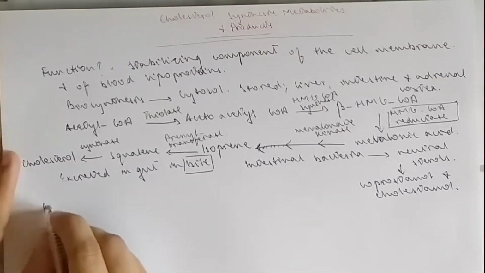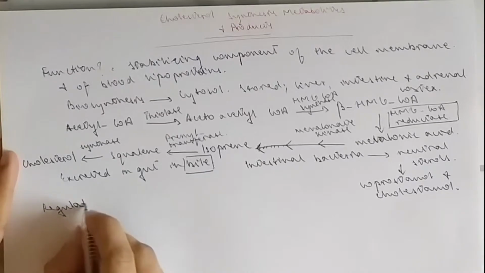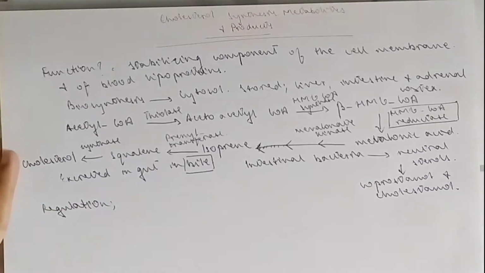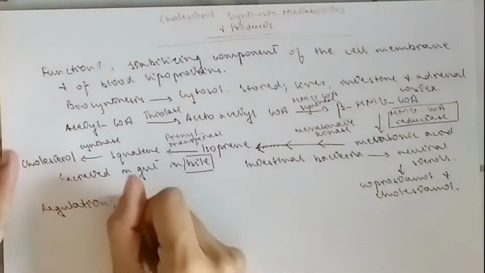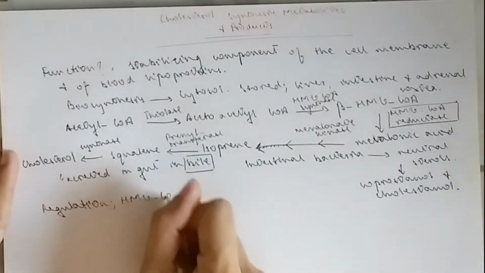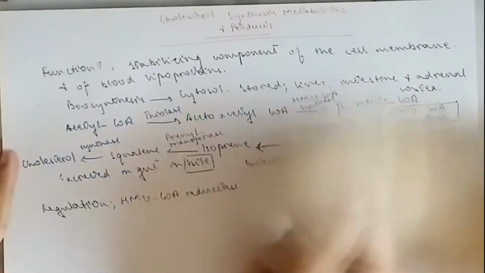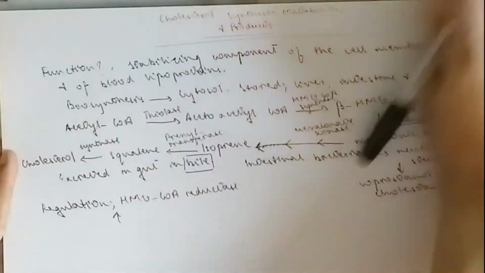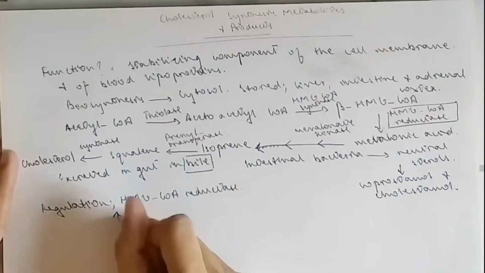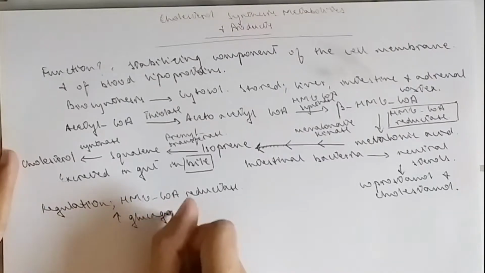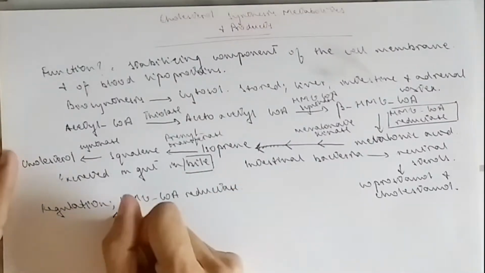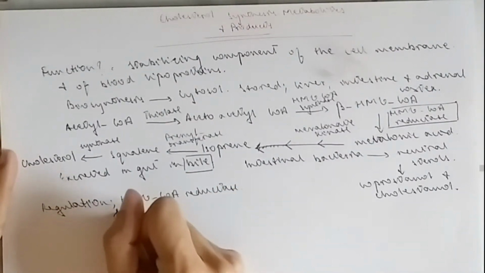Okay, now we can speak a bit about the regulation. So you have induction and repression of synthesis of the LDL receptor, because we know that cholesterol binds to LDL receptors. So for regulation we need some hormones or some substances that can increase the production or reduce the synthesis or degradation, for example.